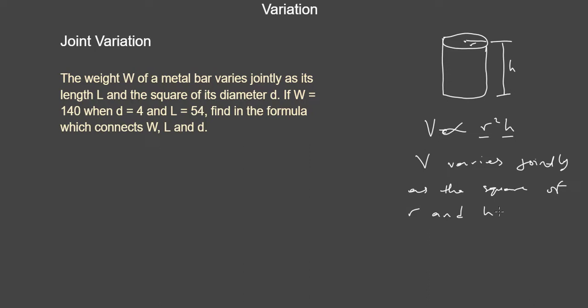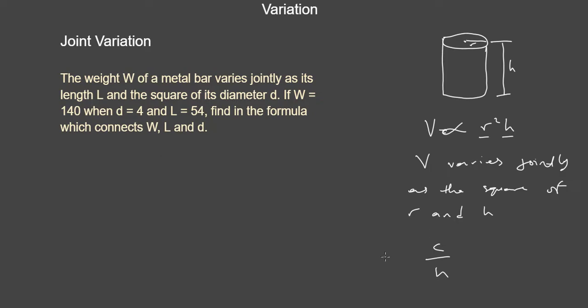That is what joint variation implies: two or more variables jointly determining the value. Jointly also implies that they determine the value by either multiplication or division. So I could have a case where I have C over H, right?